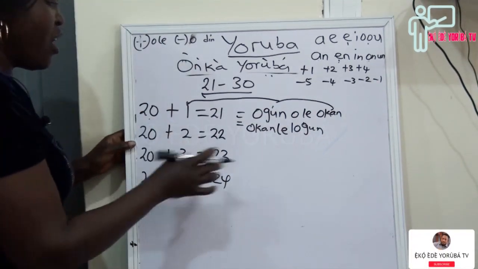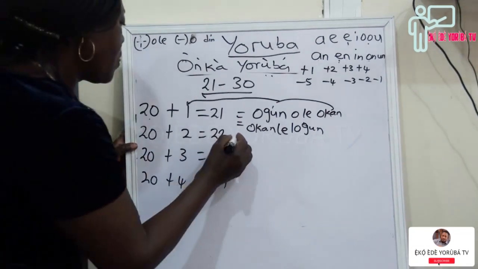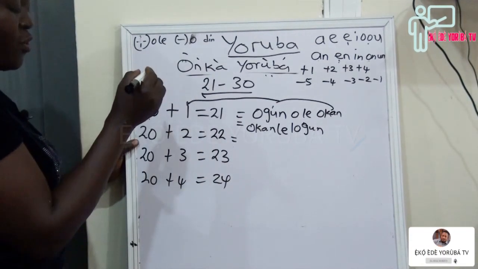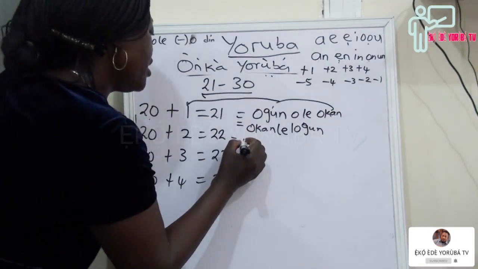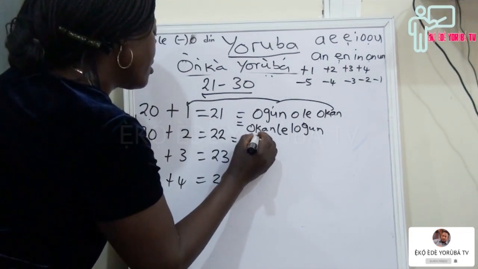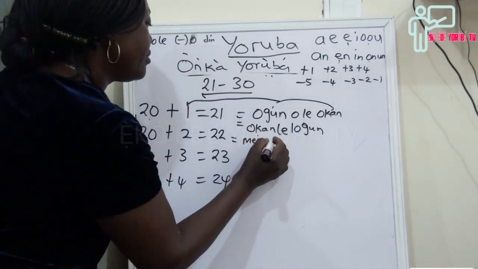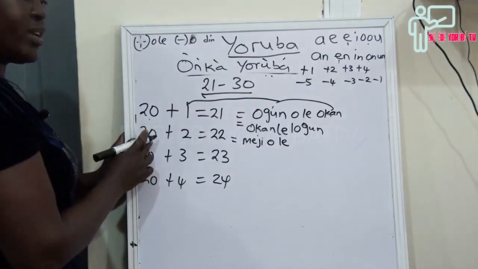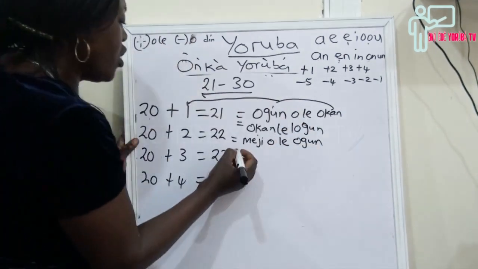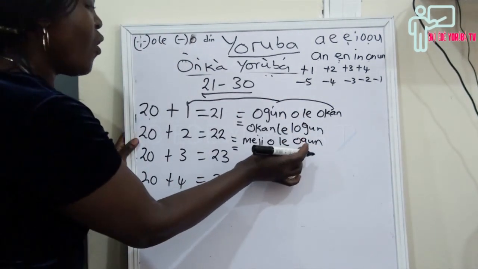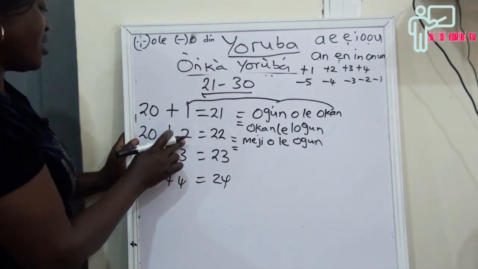So 22 also, you read it from the back. This is 2, which is méjì. You can say méjì ó lé 20, which is ogún. So it now gives us ogún. You see it now.